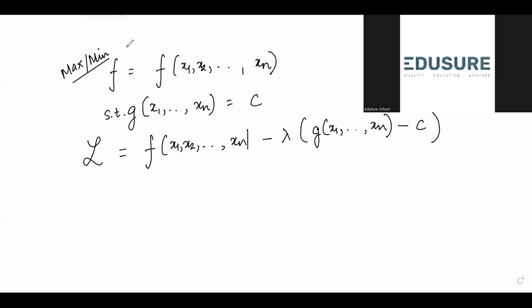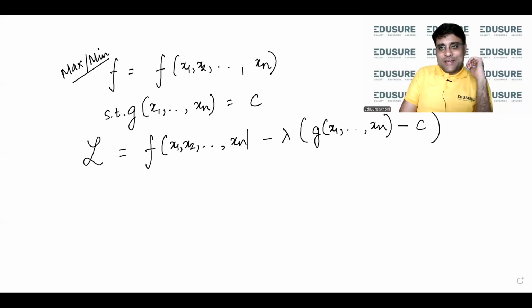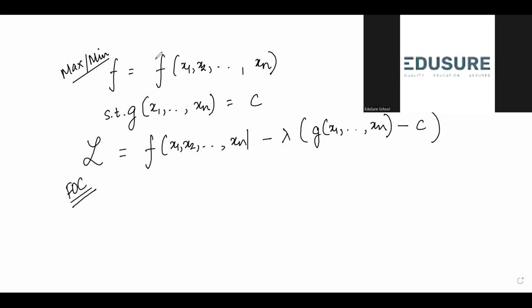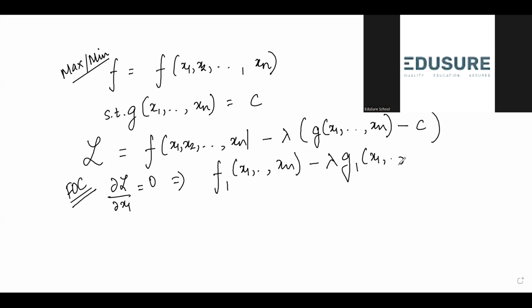So if we solve the Lagrange, we'll get basically n first order conditions. Okay, so first order conditions को list करते हैं in this scenario. So basically del L del x1 will be first. So this will be f1 of x1 to xn minus lambda g1 of x1 to xn. Okay, this is the first one.